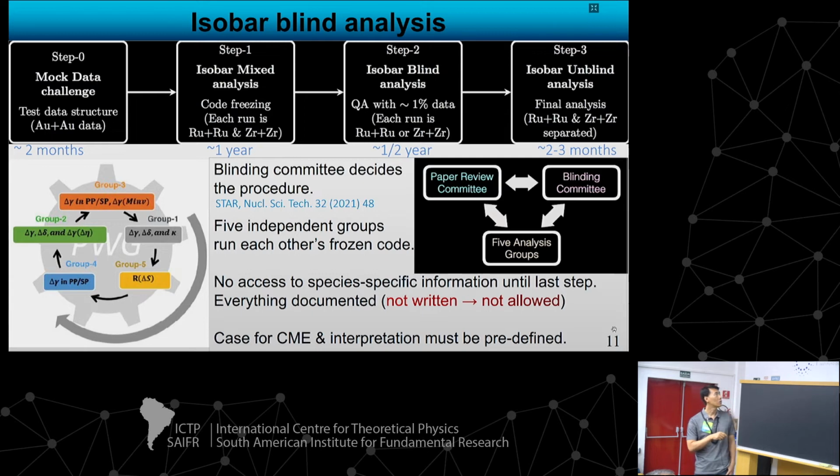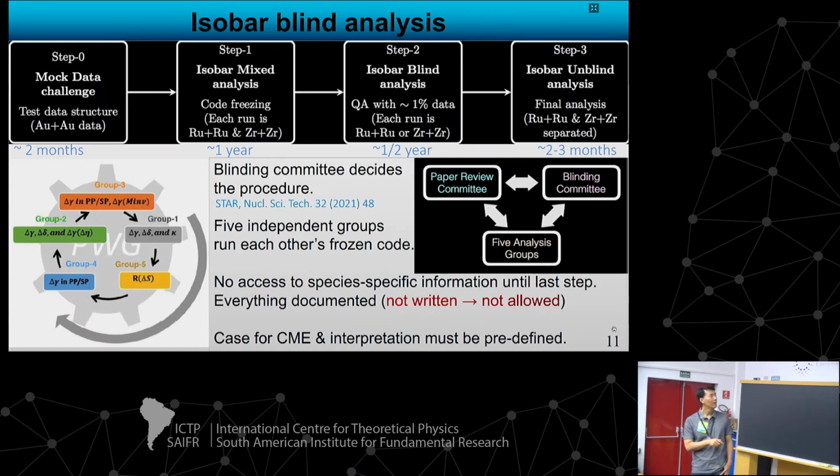There are 5 groups of independent study, and each group ran the other group's code to avoid any further artificial effect. So this is the sequence. For example, UCLA will run Stony Brook's code, and Stony Brook runs BNL's code, and so on.